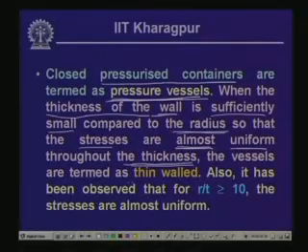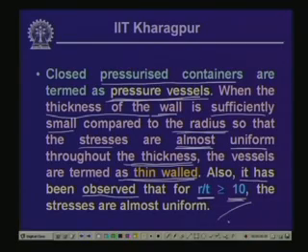It has been observed that if the radius to thickness ratio, R by T, is greater than or equal to 10, then the stress distribution across the thickness of the wall is significantly small. That means we presume that the stress everywhere is the same or uniform, and we consider that as a thin walled pressure vessel.